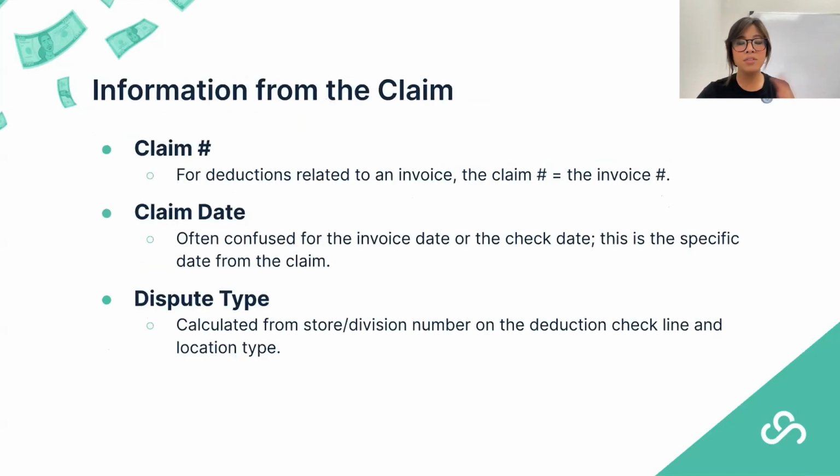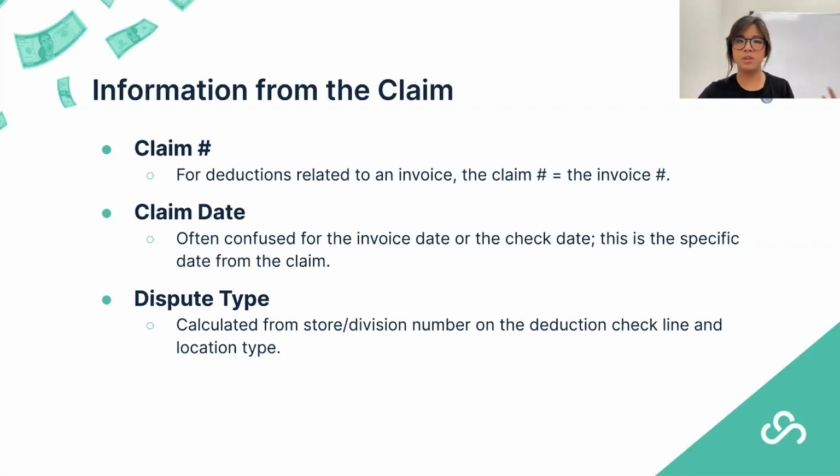Other things that I won't read off, just in the interest of time: when you go into APDP itself, in addition to providing the proof documentation, you also need to provide some basic PO level information so they know how to research it on their side. Things like your claim date, your claim number, the dispute type.